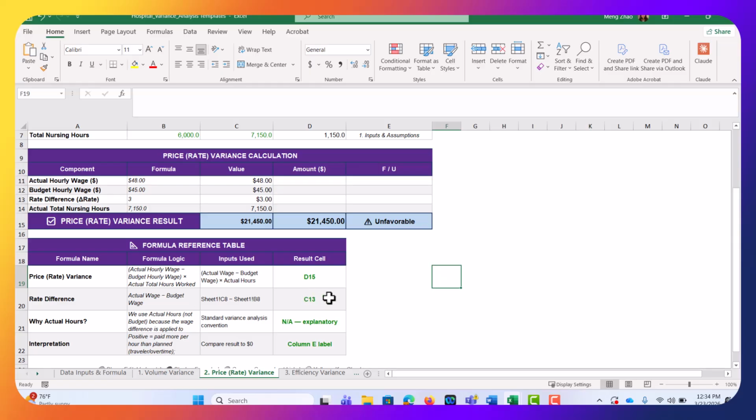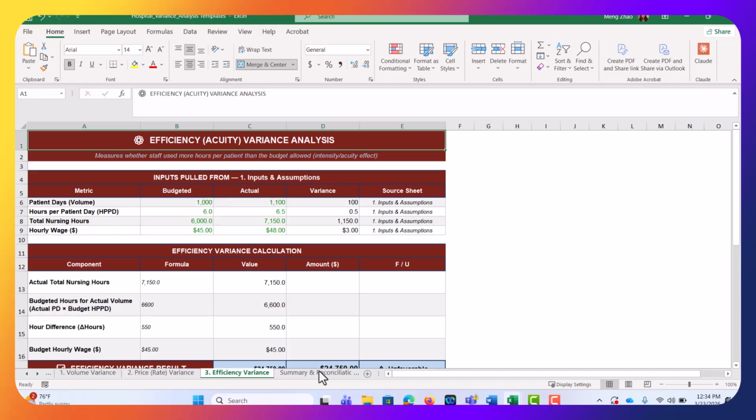The last variance we would like to see is the efficiency variance. The efficiency variance, sometimes called the acuity variance, is especially important for nurse leaders.